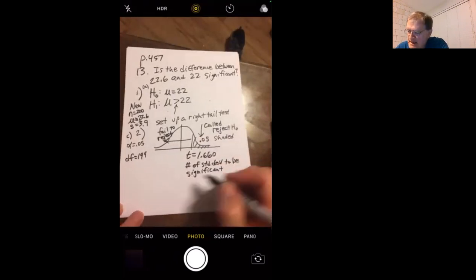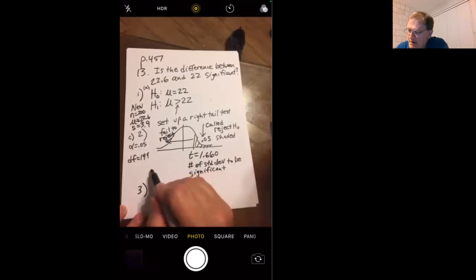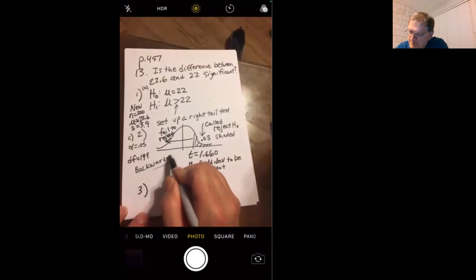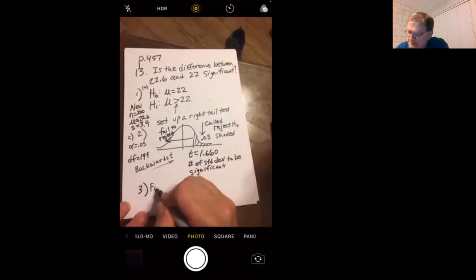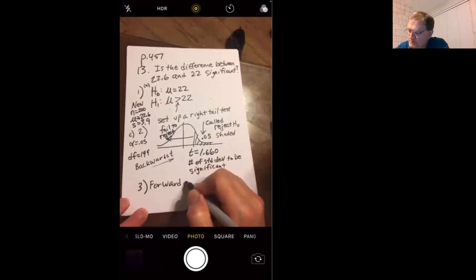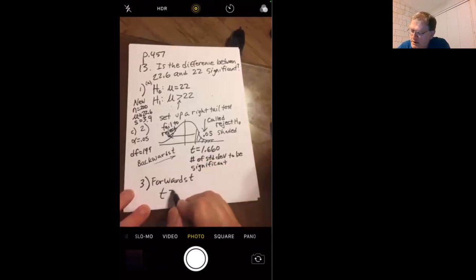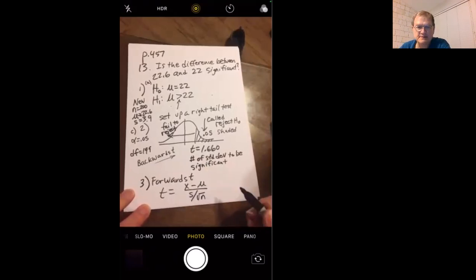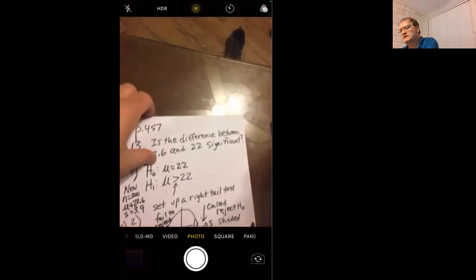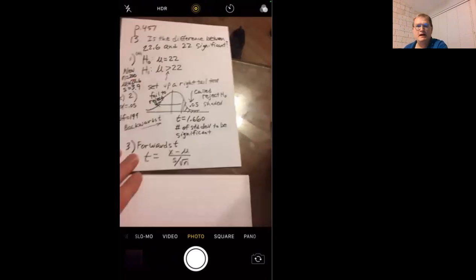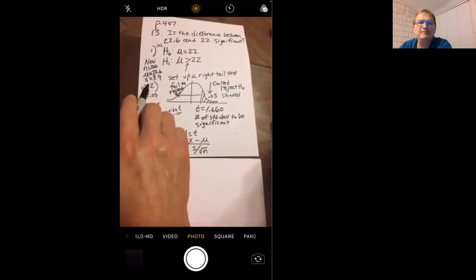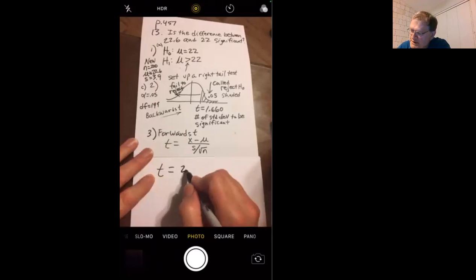Okay. Step 3. I call that my backwards t. Forwards t. Remember, on a forwards formula, you're going x minus mean divided by standard deviation corrected for sample size. Next page. So this is where you're bringing in your new information. 22.6.